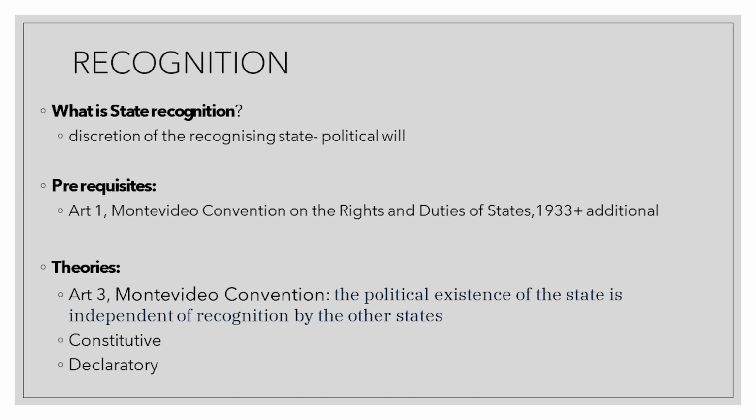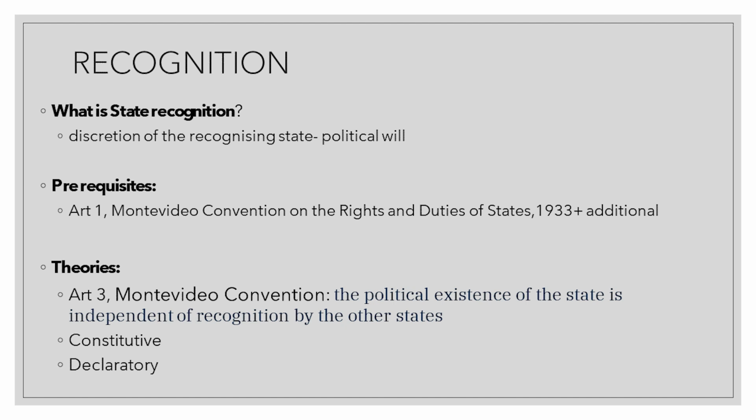So a state, broadly speaking, once it has the 4 prerequisites mentioned under Article 1 of the Convention, that is, it has a defined territory, a permanent population, a stable government, and the ability to enter into contract, then a state becomes a state. Now, whether or not other states recognize it as a state, that is a political question.